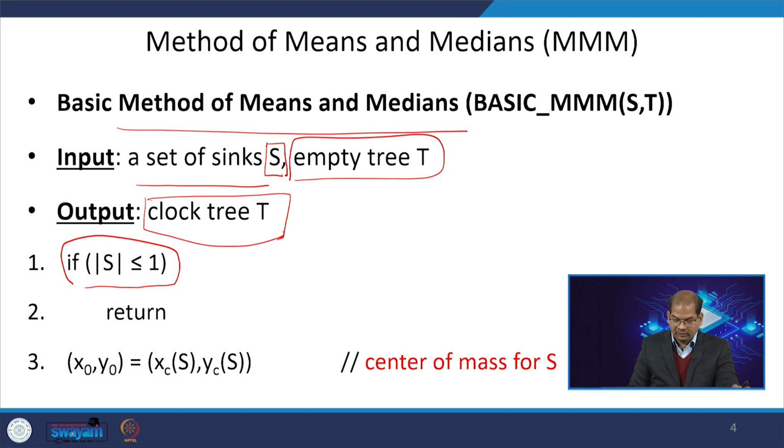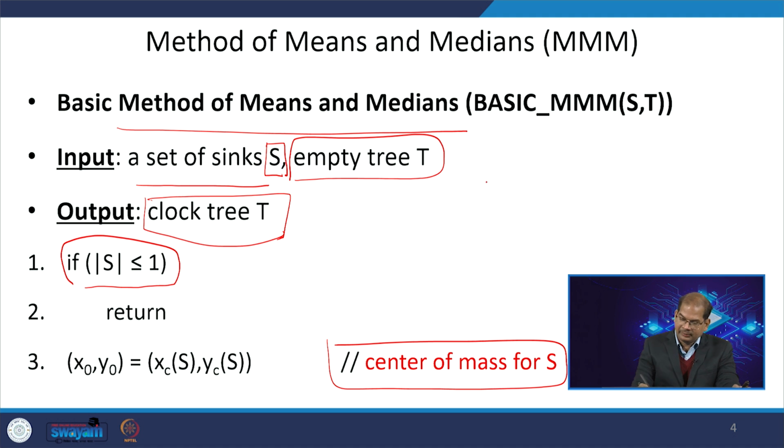First of all, we will find the center of mass of S. So, what is the center of mass? Let us say I have 4 points: x1, y1; x2, y2; x3, y3; and x4, y4.